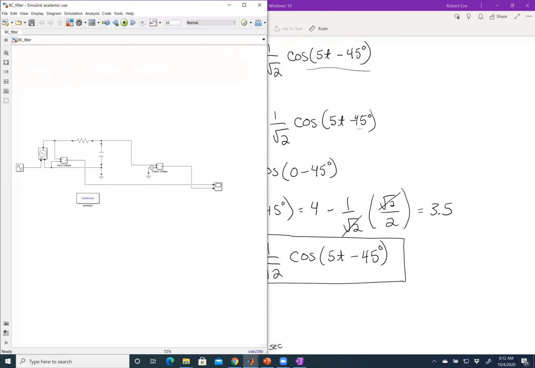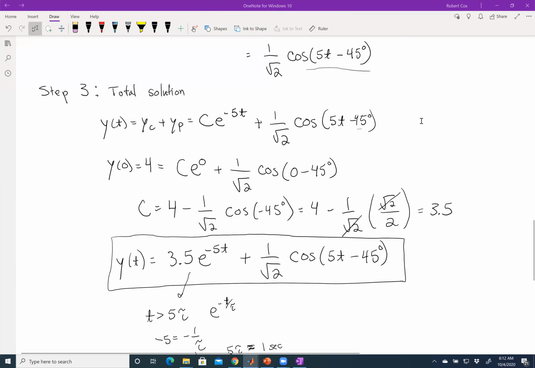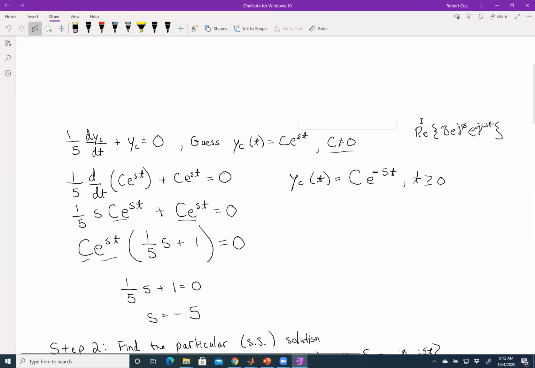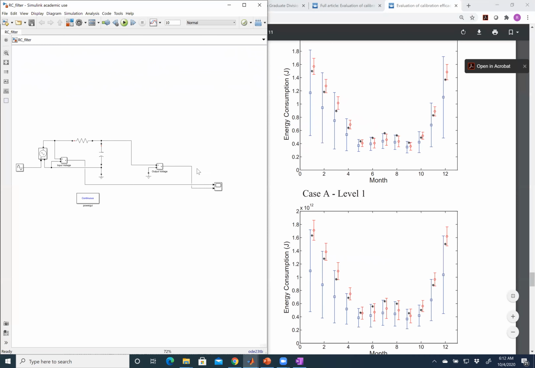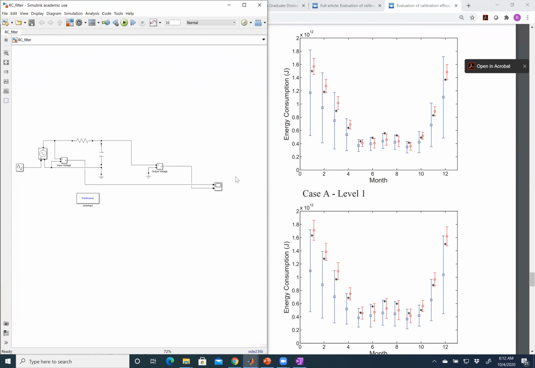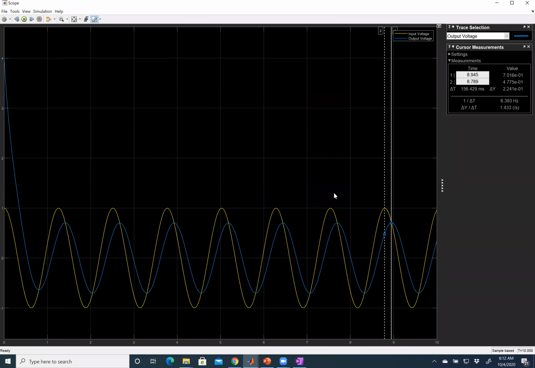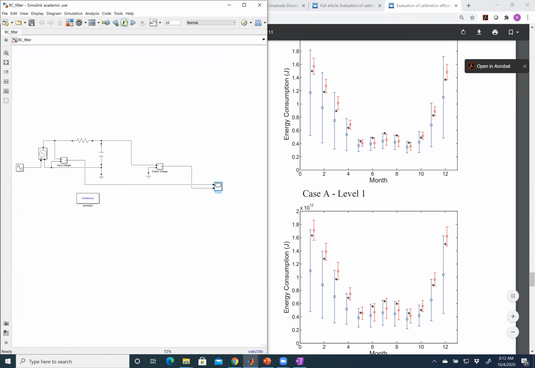I'm also measuring the voltage across this capacitor, just like what I showed here, for this circuit to model. The other thing I have here is a little oscilloscope. That oscilloscope shows me what happens in this circuit, okay? So let's run this.